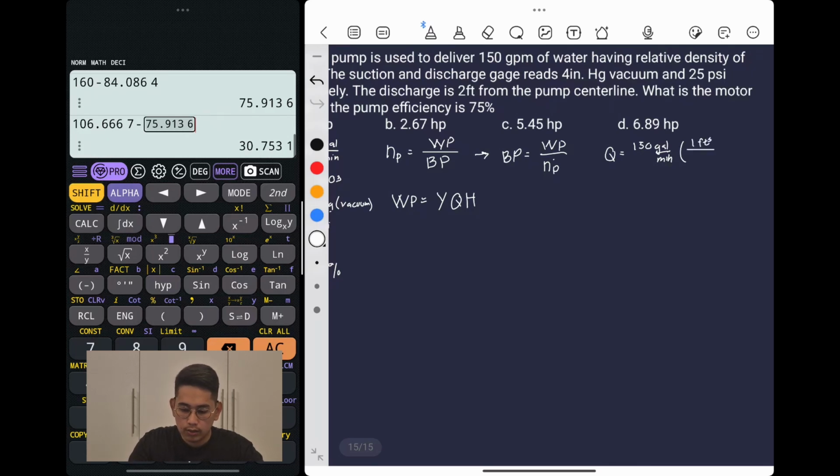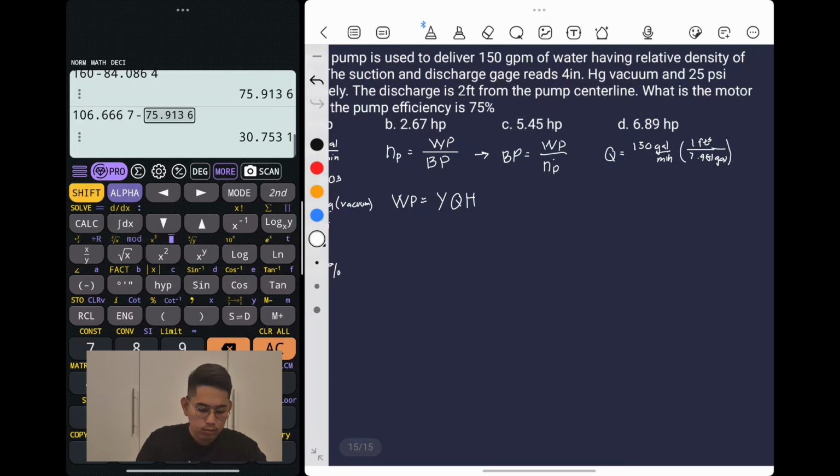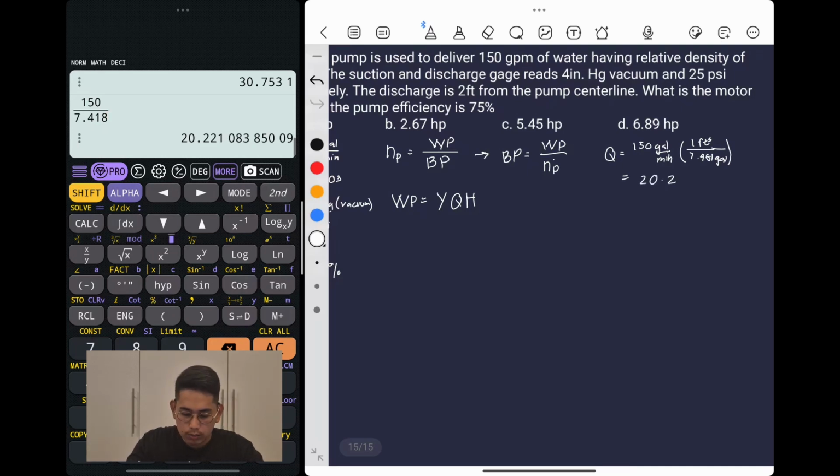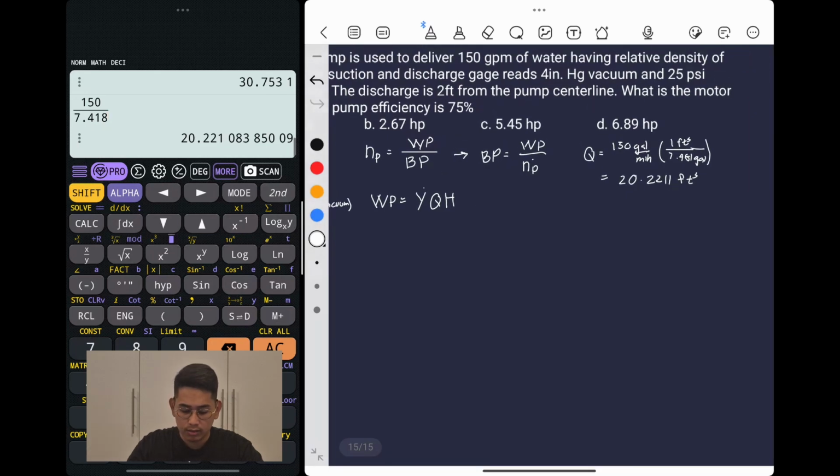So, ang ating 1 feet cube is equal to 7.481 gallon. So, 150 gallons per minute is equal to 20.22022211 feet cube. So, ayan.